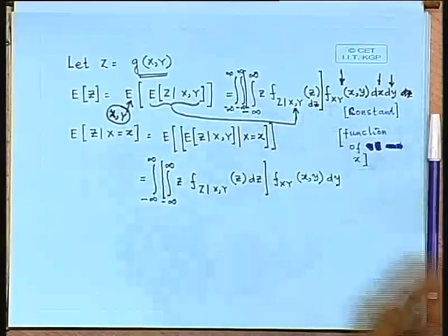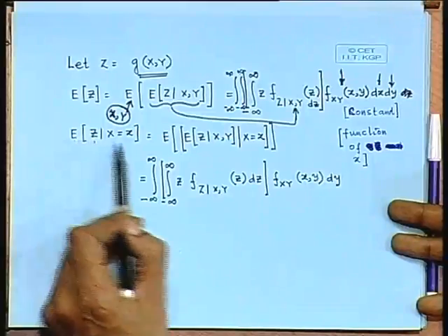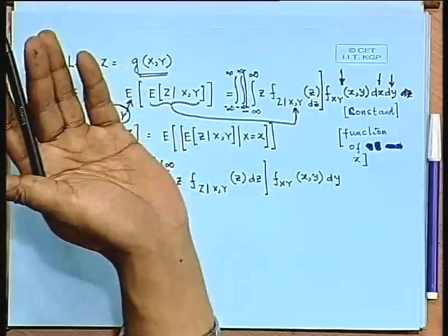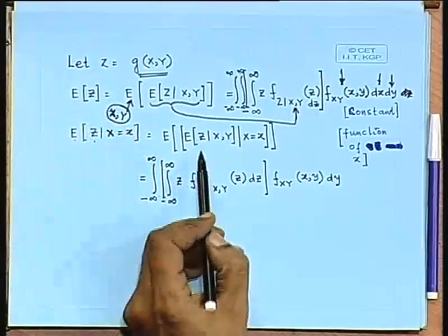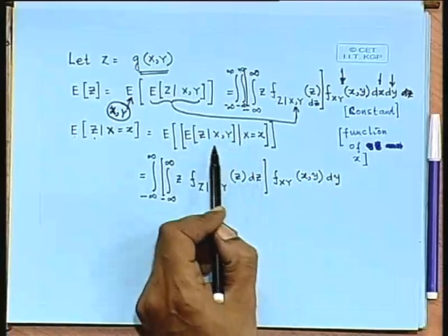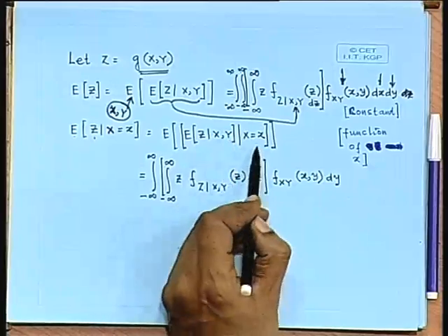So we can also write it like this. Similarly, I am just showing different forms. It is not always necessary that it has to be conditioned on both x and y, it can be conditioned on one. So for example, suppose we have the expectation of z given capital X equal to small x, and y is a free variable. So then what do we do? Now we have to take the conditional expectation of z over x and y given X equal to x.